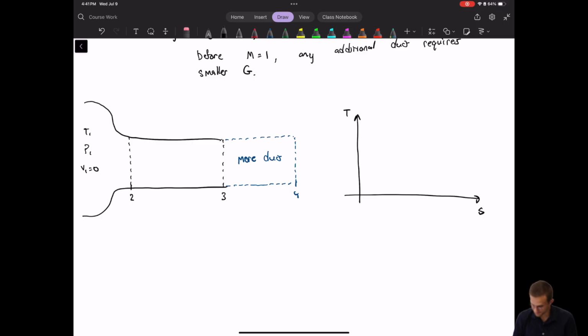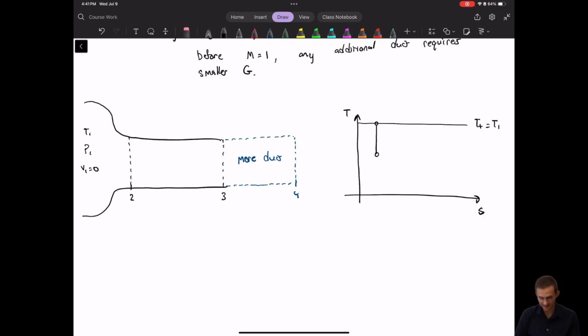Okay, so let's draw the stagnation temperature, which we know is actually equal to T1 because V1 is equal to 0. And we'll start there, right? And then we're isentropically accelerated through this converging nozzle down to state 2.